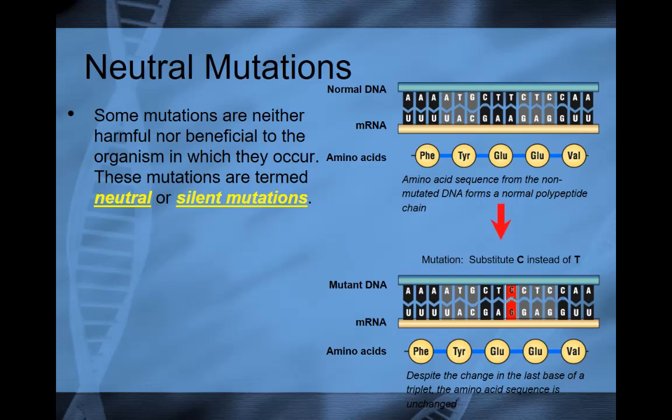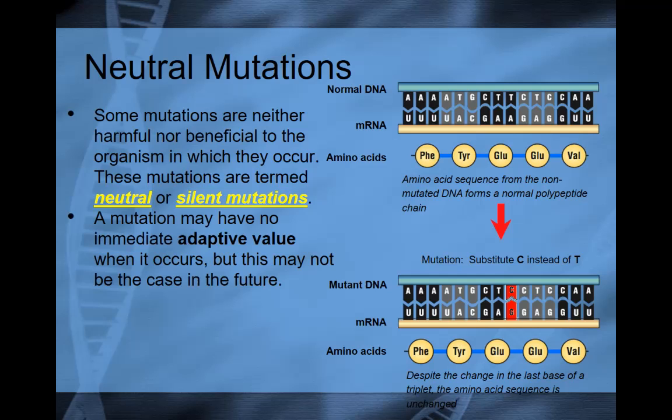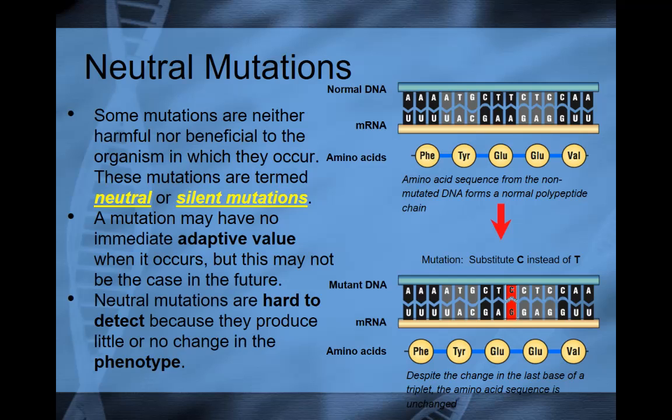Now, this type of mutation may have no immediate adaptive value when it occurs. It's not helpful, it's not hurtful, but this may not be the case in the future. Neutral mutations are really hard to detect because they don't produce a change in the phenotype.